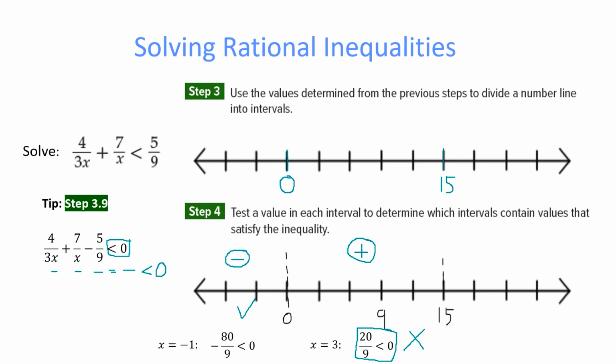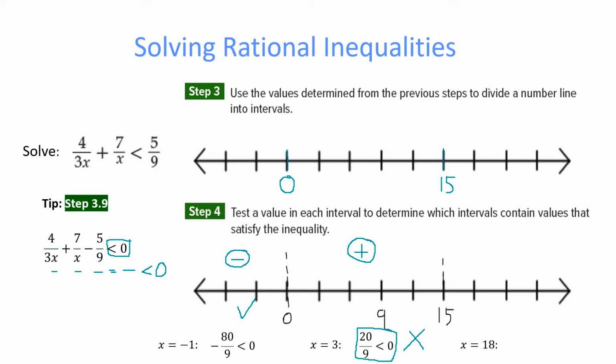Let's finish with the right interval. Let's choose, for example, number 18. Again, you can choose any number greater than 15. If we choose number 18, in this case you can do the computation. But for example, if you just look at it, number 18 will make these two fractions smaller than the -5/9.